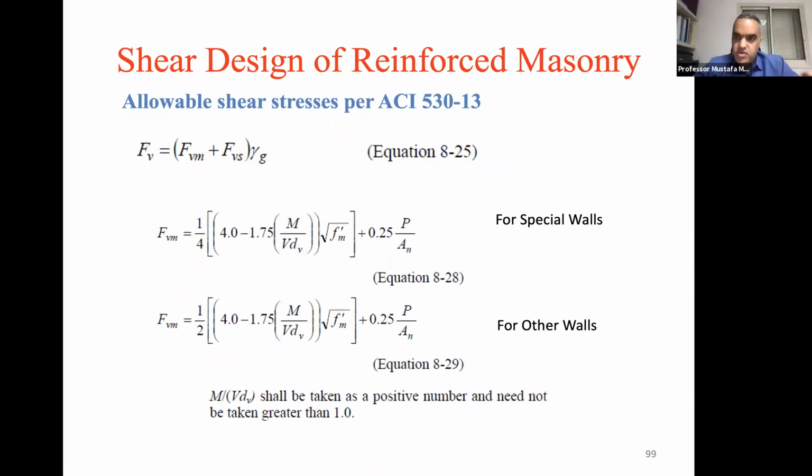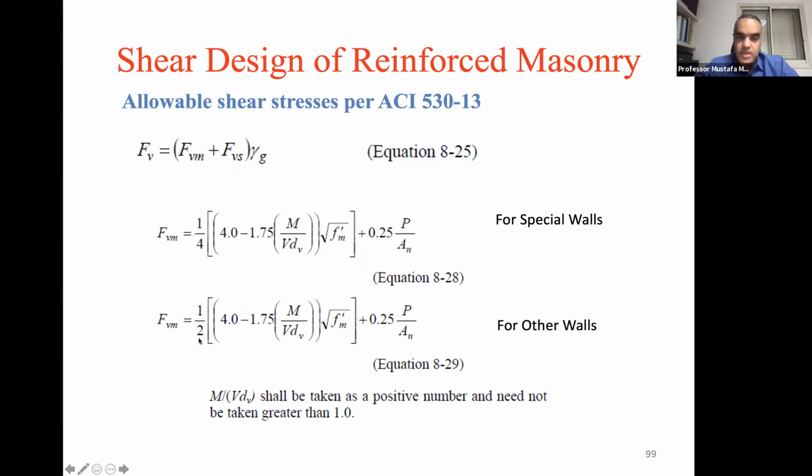We may have special masonry walls that are used for high seismic applications. If so, we use this equation. For all other walls, we use this one. For the special walls, as you can see, we use 1/4, so we don't rely on much capacity from the masonry for special masonry walls. But for other walls, we use half.